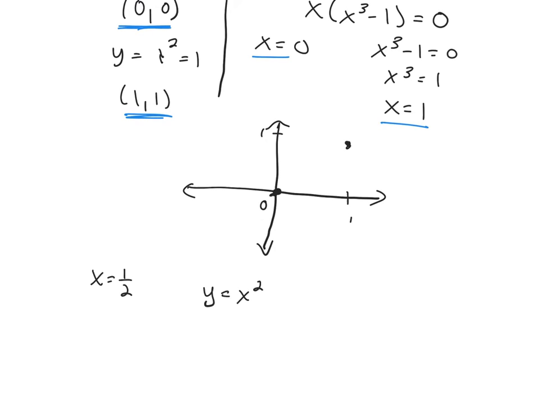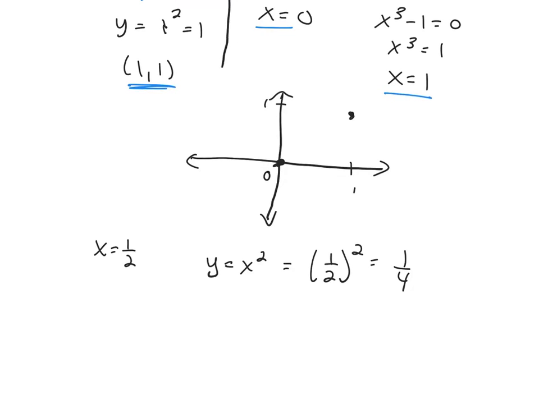So let's start with that one. If I plug in 1/2 into that, I get 1/4. And then the other one was the square root of x. Let's plug in 1/2 into that. So this is 1 over the square root of 2.